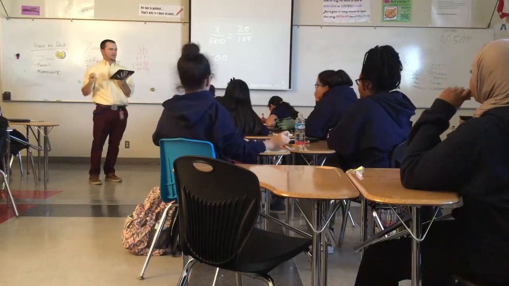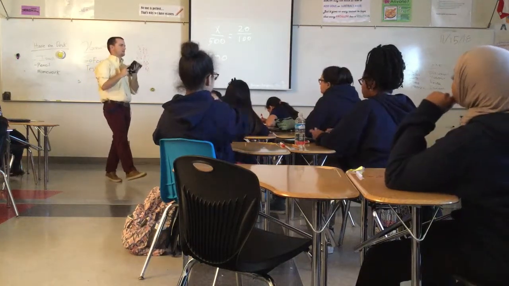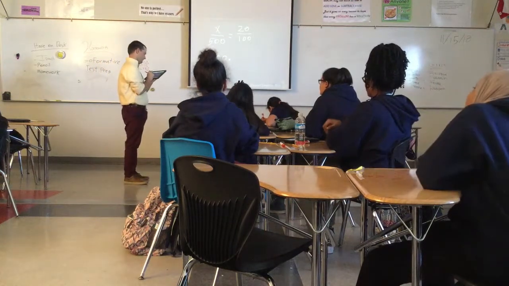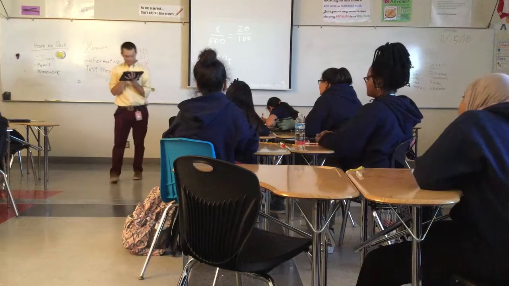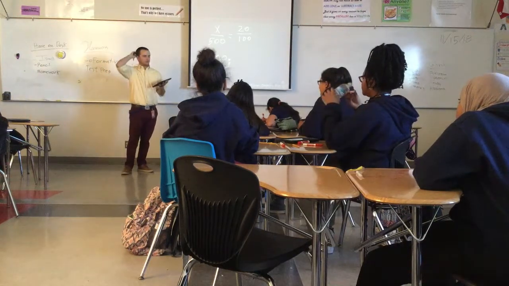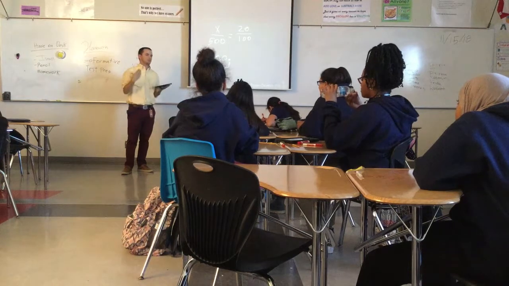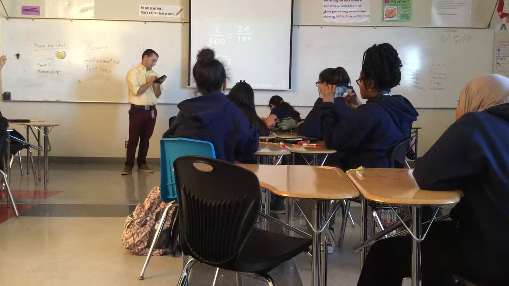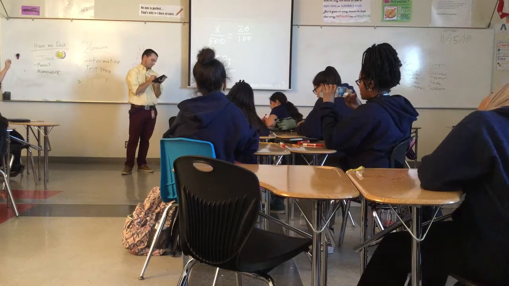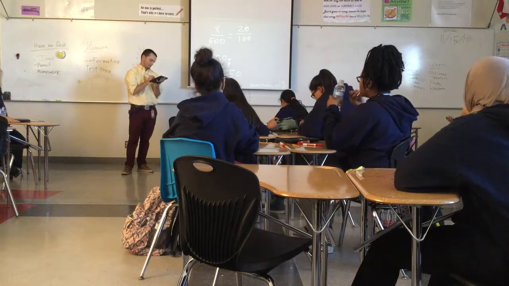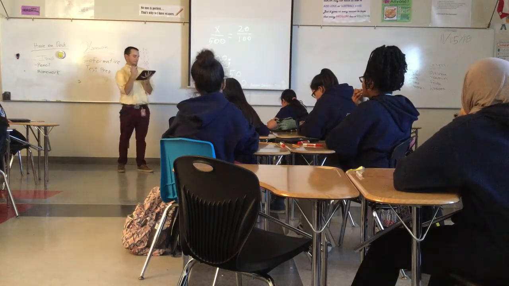To find 10% of a number, all we have to do is take our decimal and move it once, and that's 10%. And so how do I go from 10% to 20%? Double it. So 10% equals 50. What is 20% going to be? 100.